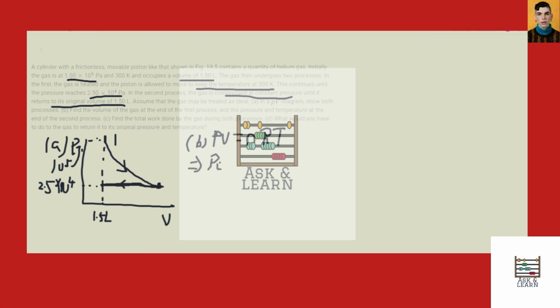Suppose this is state 1, 2, and 3. Then P1 times V1 equals P2 times V2, and we obtain V2, the volume at this state, as V1 times P1 over P2.